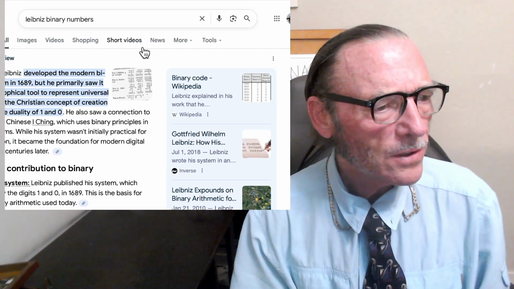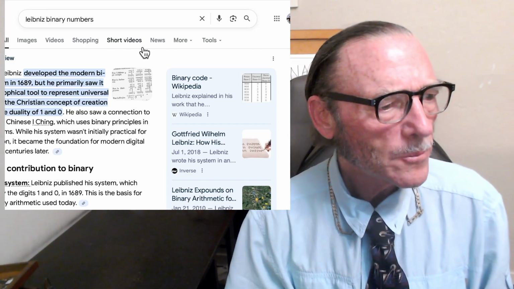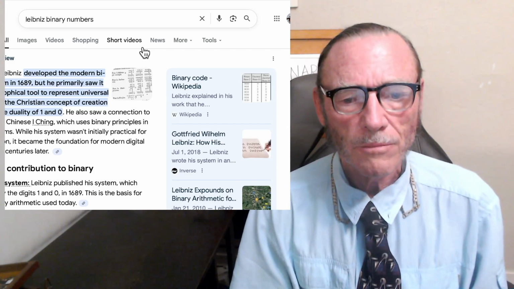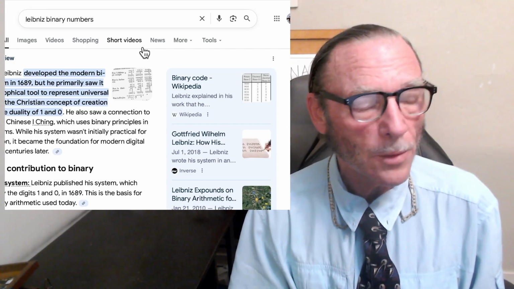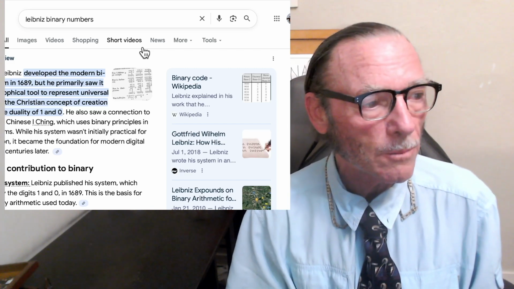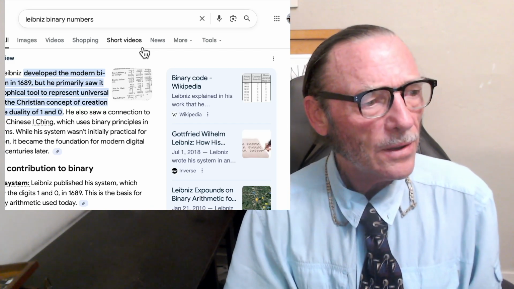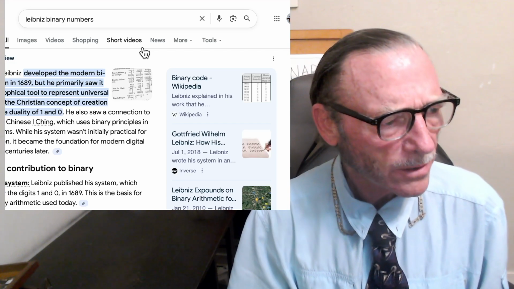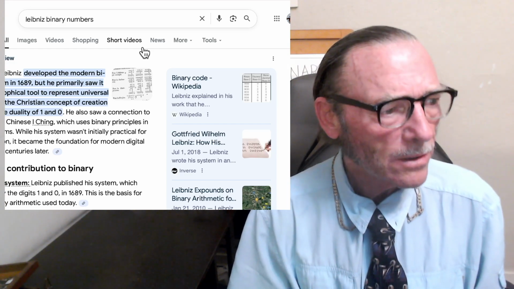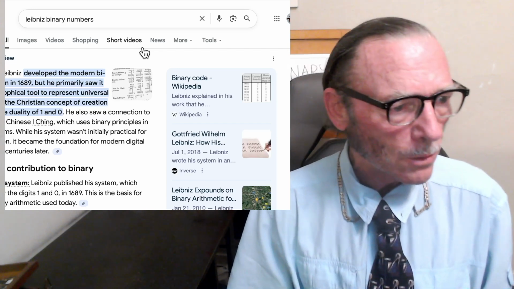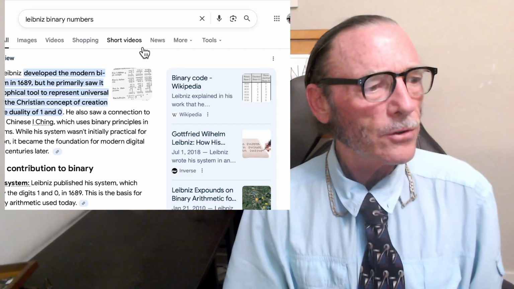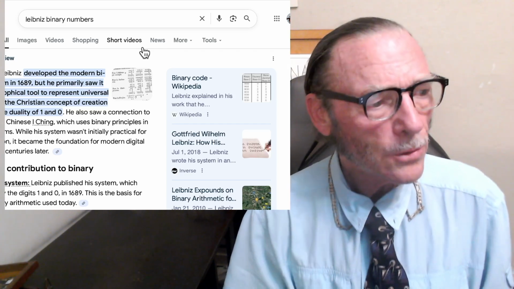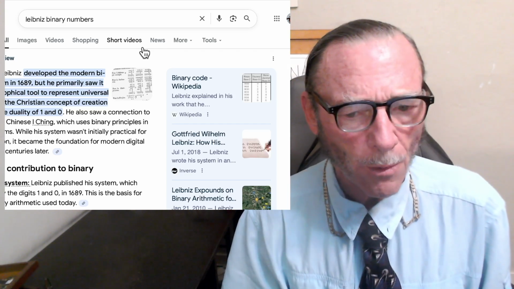So Leibniz did not see it primarily the way we would see binary numbers now, which is, as you probably know, the basis of the computer system. The reason he developed modern binary system in 1689 was as a philosophical tool to represent universal truths and the Christian concept of creation through the duality of 1 and 0.